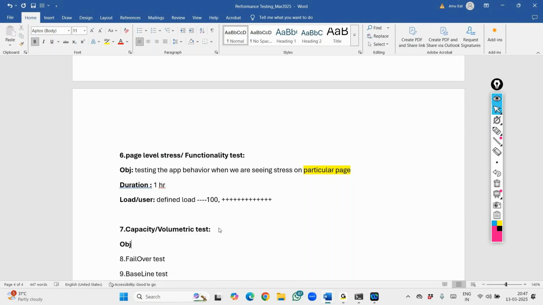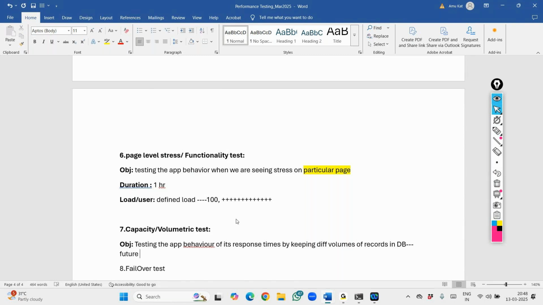Here we will be testing the app behavior by checking its response times by keeping different volumes of records in the DB. And as the name says, it is talking about capacity.